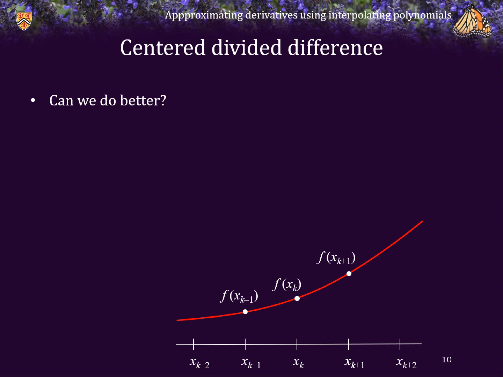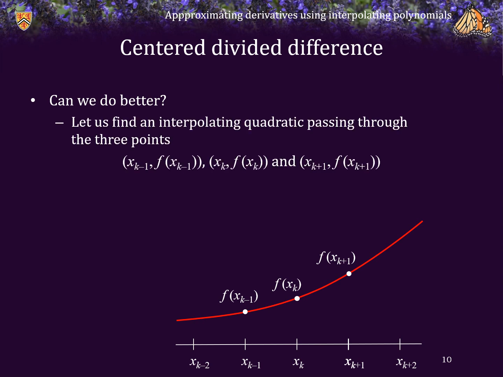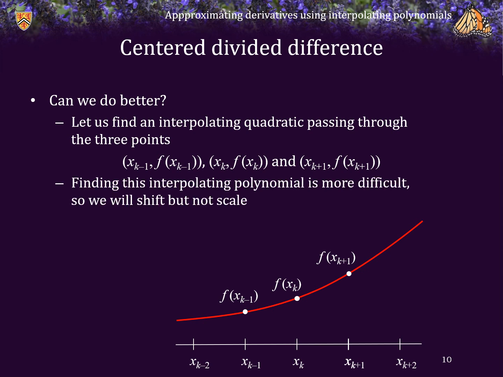Question: can we do better? Suppose we find an interpolating quadratic that passes through 3 points. If we have a quadratic, we know how to differentiate a quadratic, and we can find out what the derivative of the quadratic is at the point x sub k.